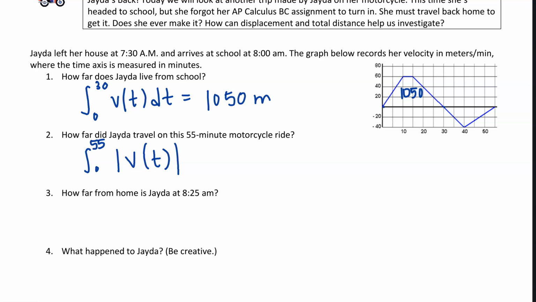And why am I going to do the absolute value? Because I'm looking underneath the curve here. So what is that underneath the curve? So that's 1,050 and negative 500 under here. So we'll add those two values together. So it's going to be 1550.